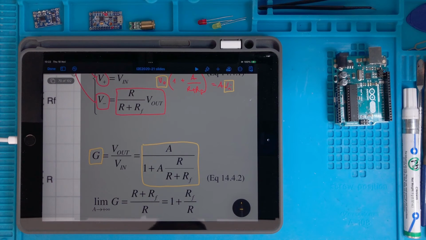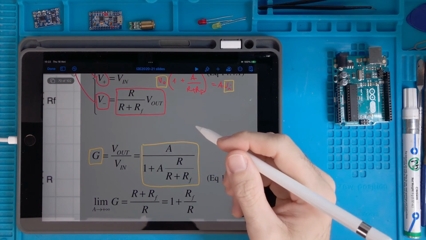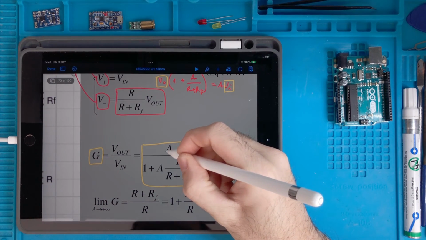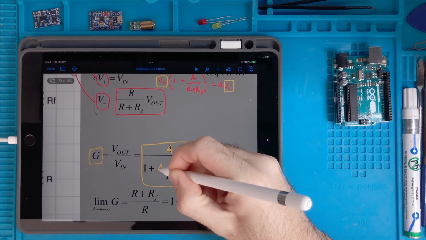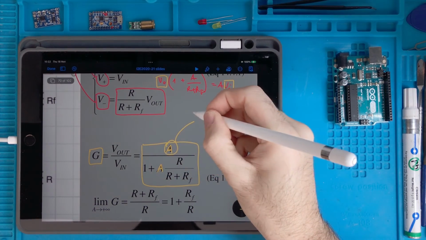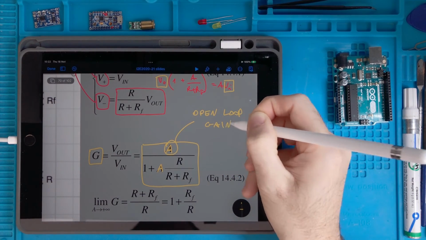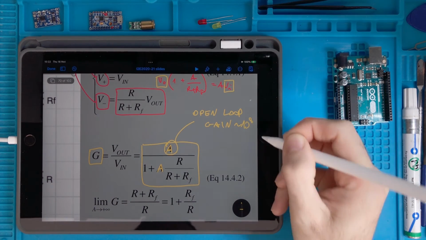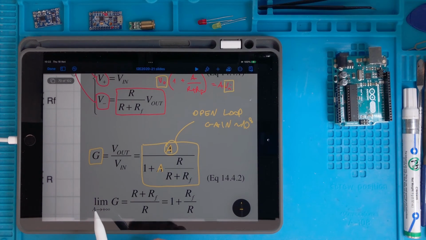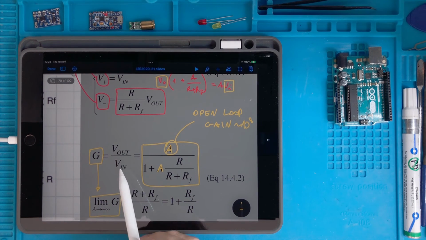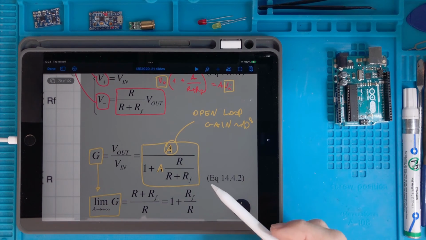So now the beautiful thing is that if the original operational amplifier had a very high gain A, which is also called open loop gain, let's say something like 10 to the 8, then if you compute the limit of this ratio V out over V in, which we call G, for A that goes to plus infinity, you can easily do this with the L'Hopital rule.